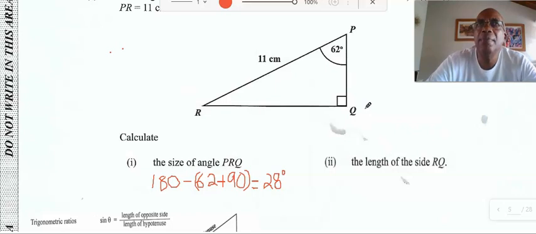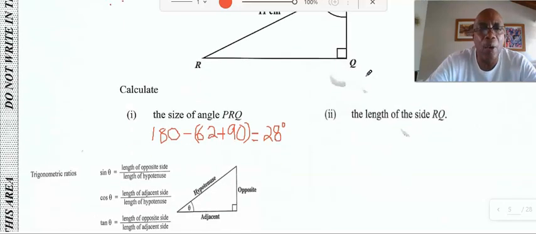The first one is Pythagoras' theorem, where you are given 2 sides of the triangle and you want to find the third side. That is not the case here. The other rule concerns trigonometrical ratios, which I will show you right now.